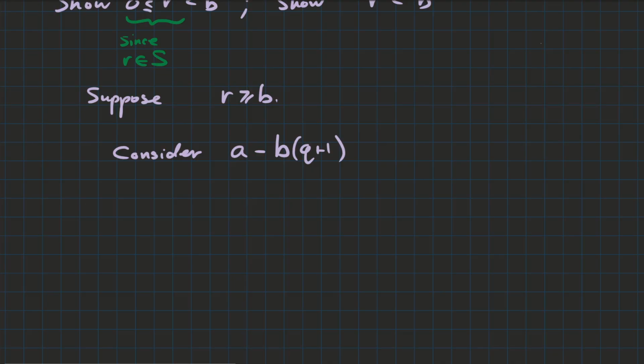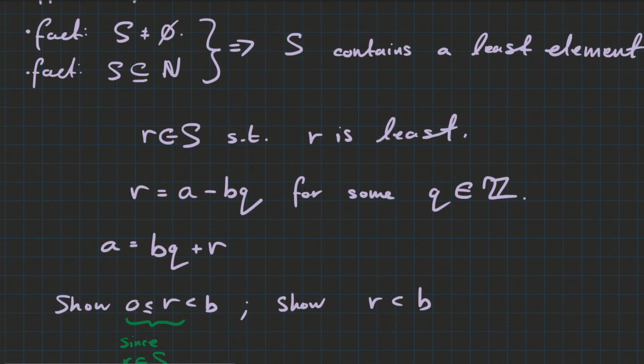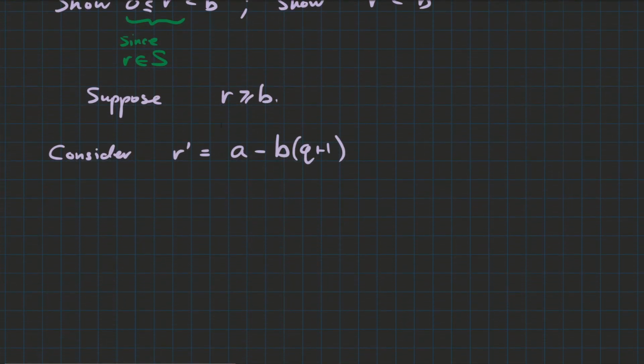We're going to call this number R prime. This value is an element of our set S, because it's in the form A minus B times some integer, and Q is an integer that we chose. We claim the existence of some integer. We're going to consider this number.